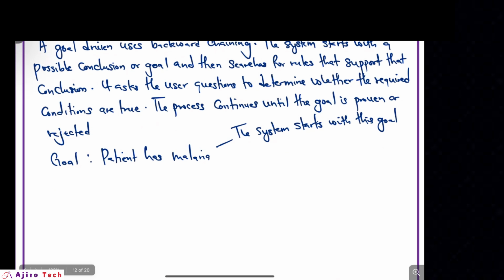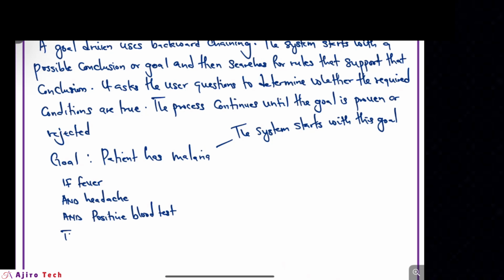Here we have if fever and headache and positive blood test, then malaria, right?